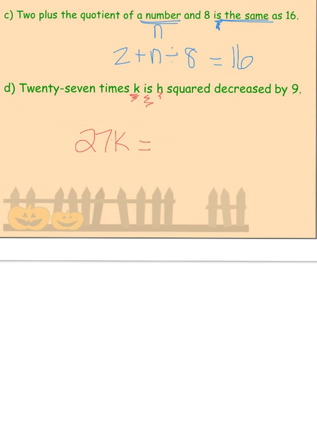You don't have to. Is, so now I'm moving on to the next part. h squared. So remember, squared means that you have that little exponent with a 2. Decreased by means minus 9. So here's our equation. Quick thing, if this had cubed in it instead of squared, it's still going to be raised to a power. Remember, cubed is to the power of 3.